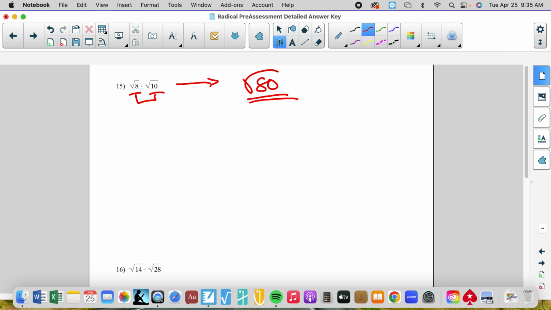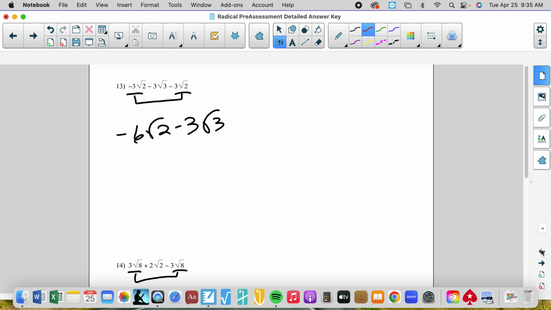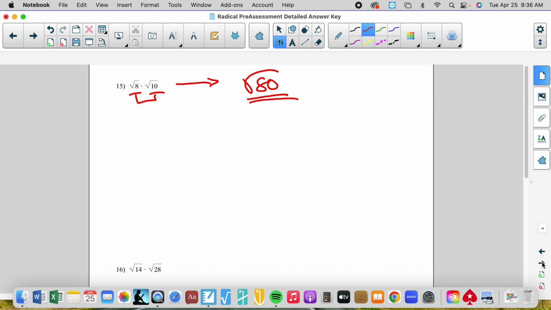We can put individual radicals under the same radical when they're multiplying. We can't do it when they're adding and subtracting, but when we multiply, rad 8 times rad 10 does make rad 80, but then we would break it down. So that's very inefficient. Since we have these radicals broken down already, we're going to break them down even more.